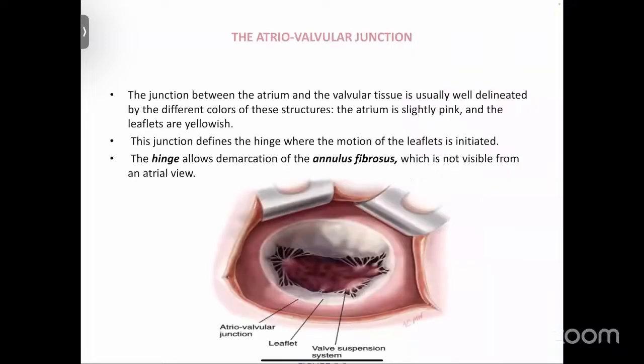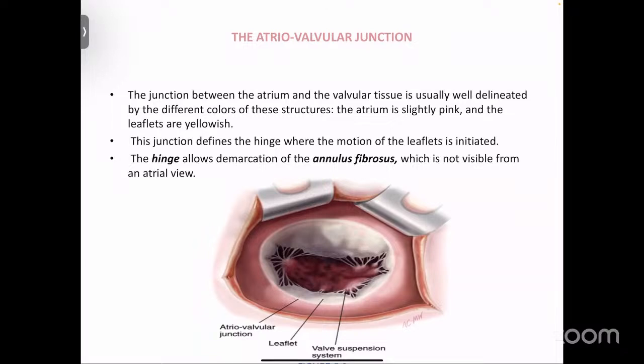With the left atrium exposed, we can appreciate three main structures. These are the atriovalvular junction, the leaflets, and the valve suspension system. The atriovalvular junction defines the hinge where the motion of the leaflets is initiated.